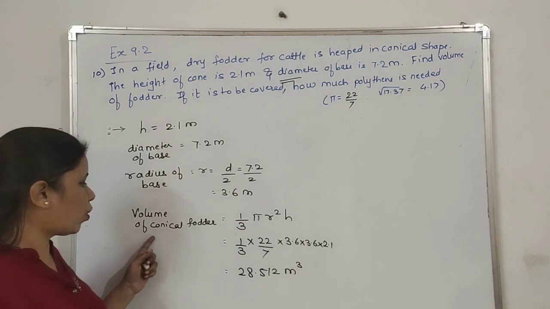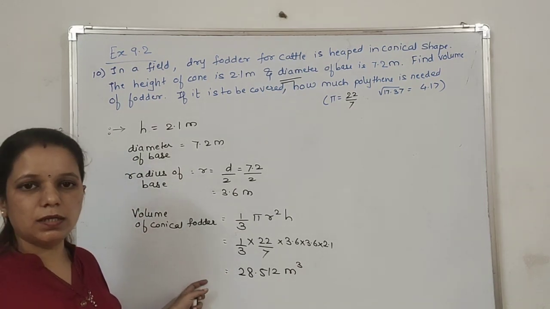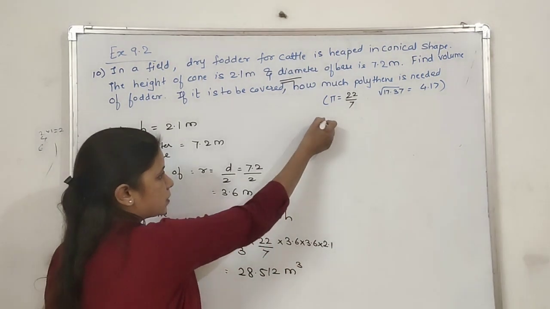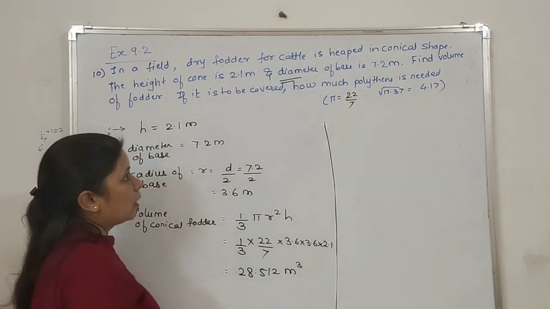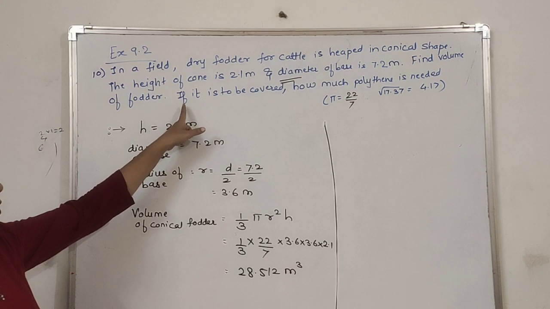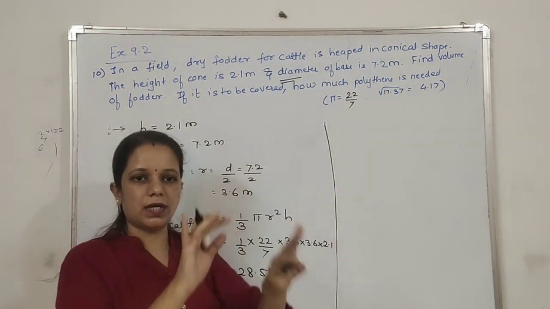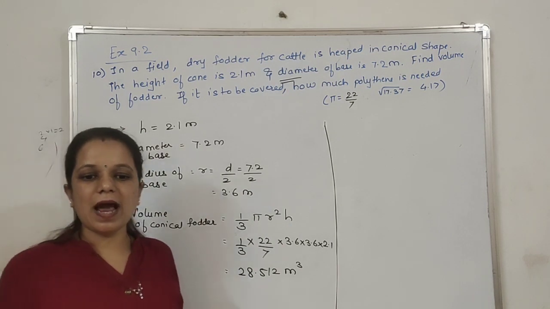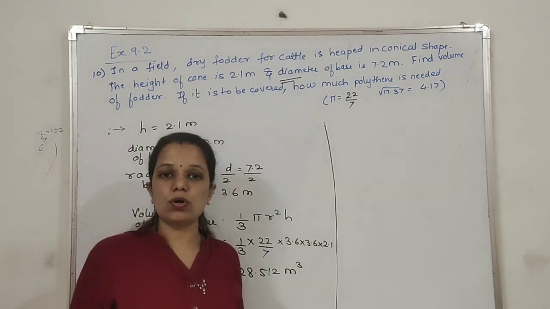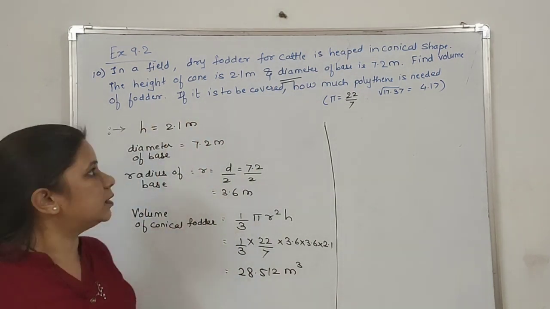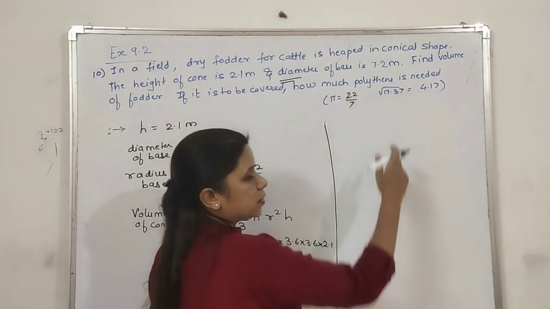This is the volume of the conical shaped fodder. Okay, now one part is completed. Now we need to find, if it is to be covered, the cone needs to be covered around. Means we will have to calculate the total surface area, because we need to cover it totally. How much polythene is needed?